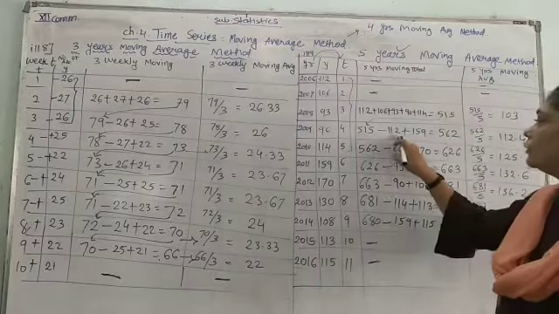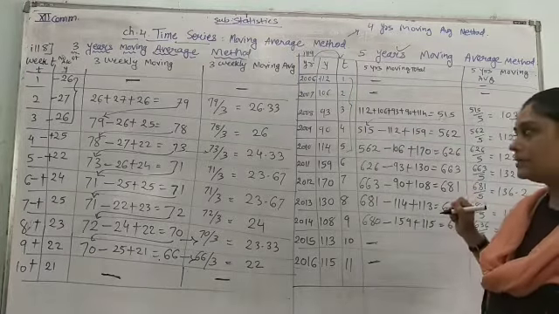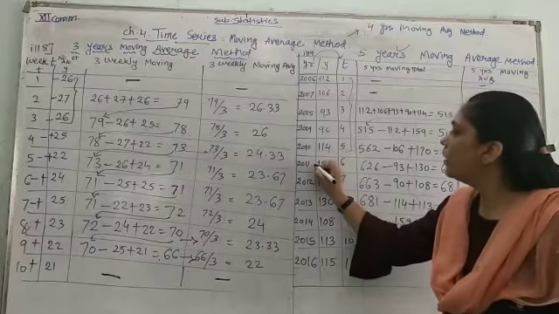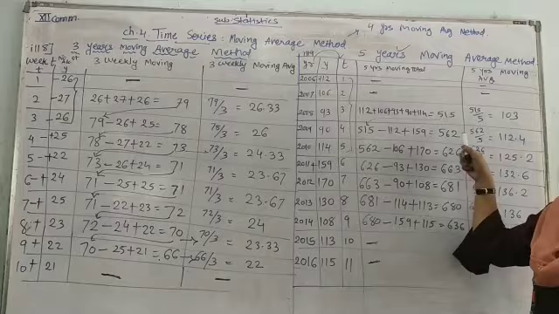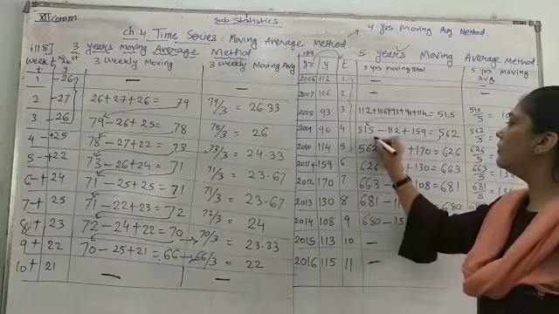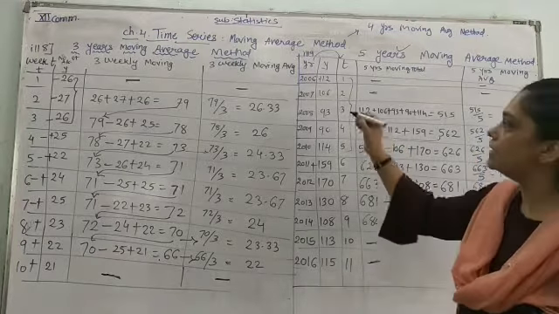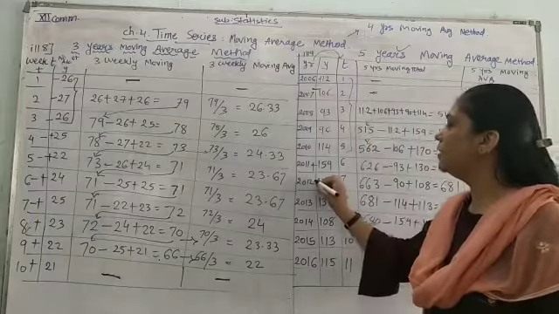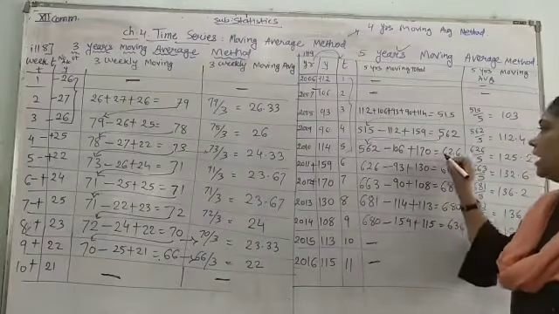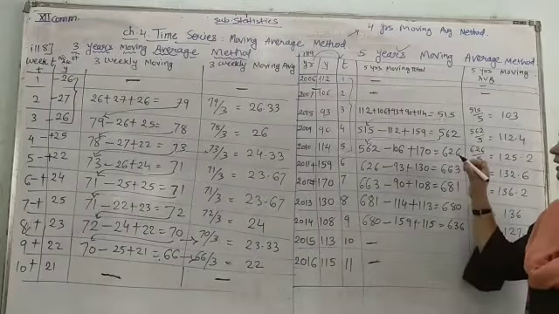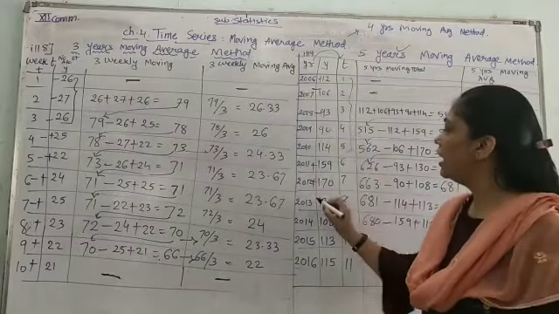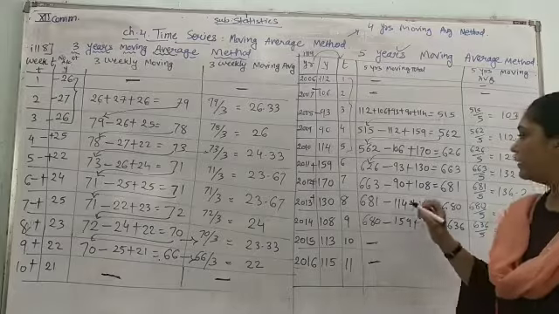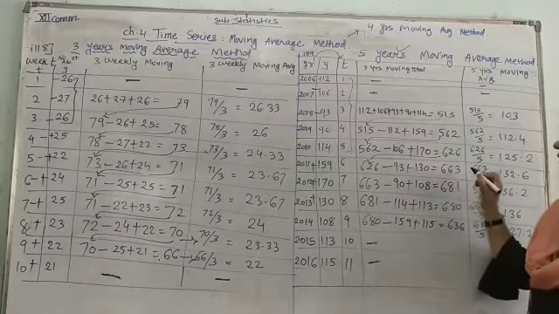Again come down 550, minus the previous year, the first year, and that is minus 112, plus what will be the plus sign? The plus will be 159. So answer will be 562. Again you come down 562 minus second year and plus 170. Answer will be 626. Again come down, minus 93 and plus 130. So this is 663.